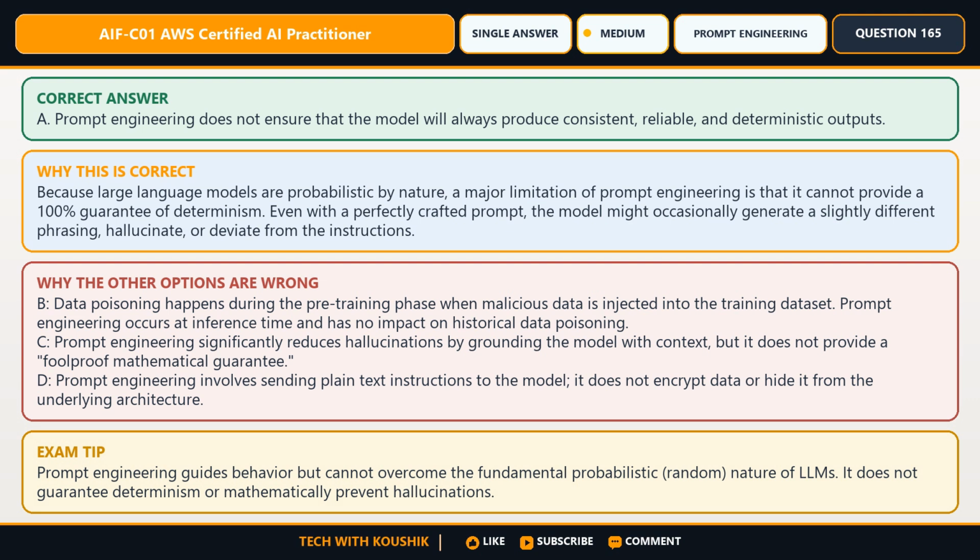D. Prompt engineering involves sending plain text instructions to the model. It does not encrypt data or hide it from the underlying architecture. A useful exam pattern is this. Prompt engineering guides behavior but cannot overcome the fundamental probabilistic, random nature of LLMs. It does not guarantee determinism or mathematically prevent hallucinations.